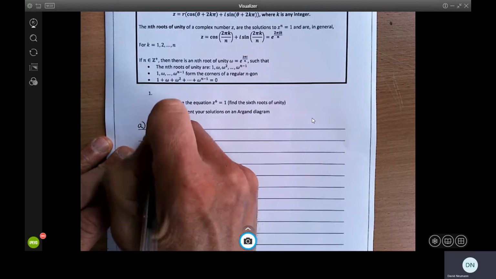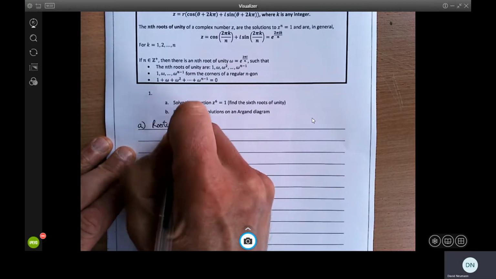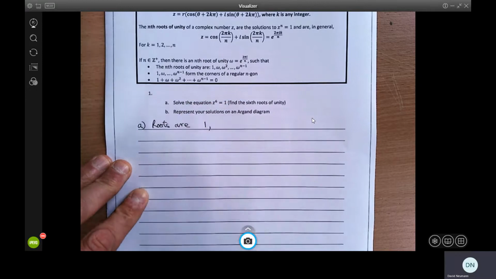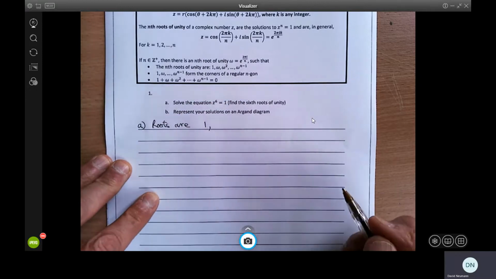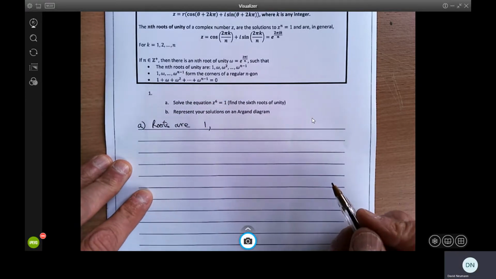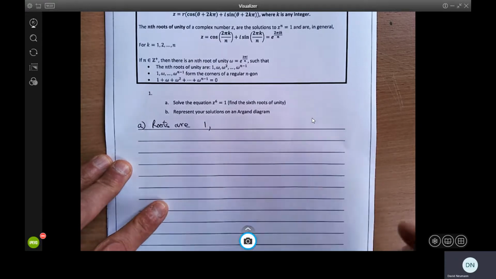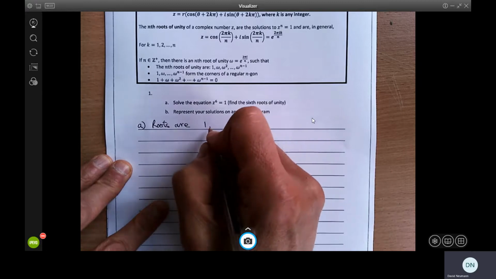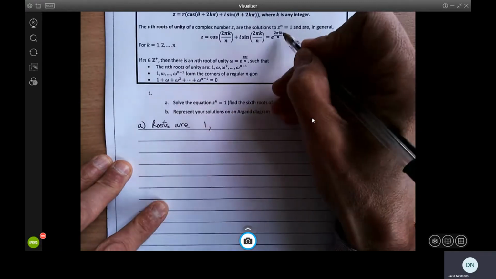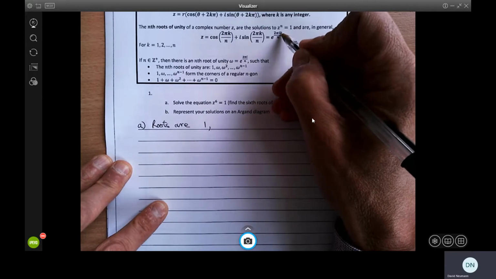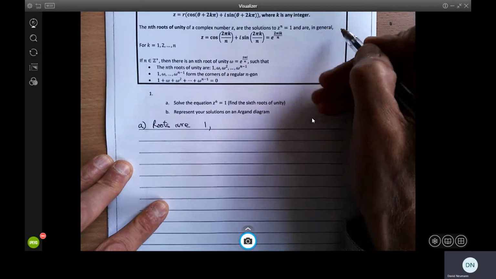So the roots are going to be, well, first of all, 1. We know that 1 is a root of z to the power of n equals 1 for whatever n is. So 1. Then we're going to make n equal to 6. We're going to make k equal to 1, 2, 3, and so on.